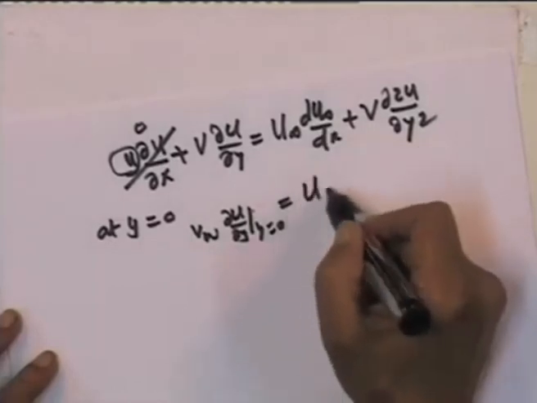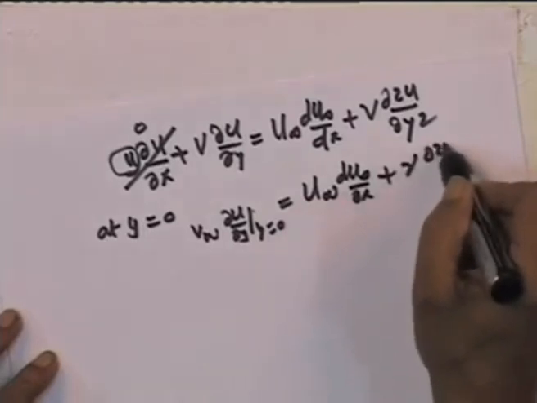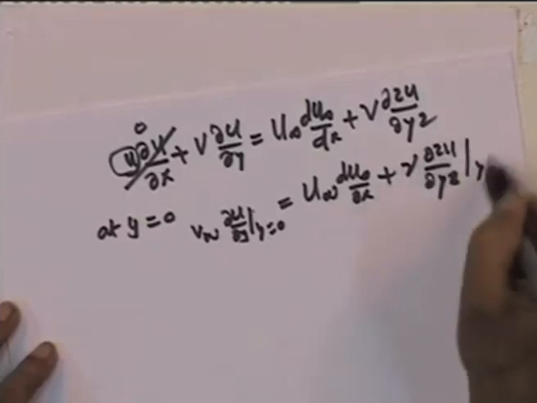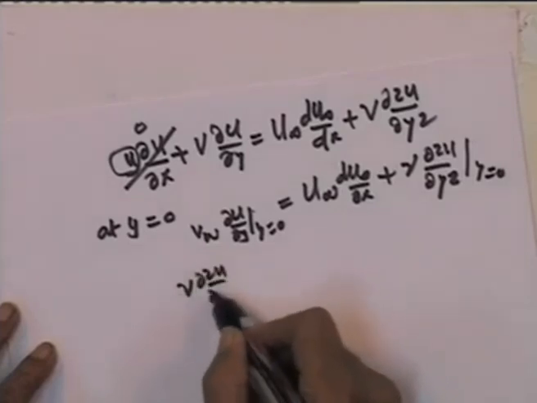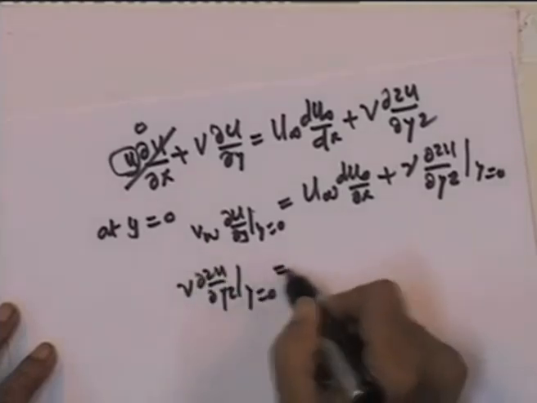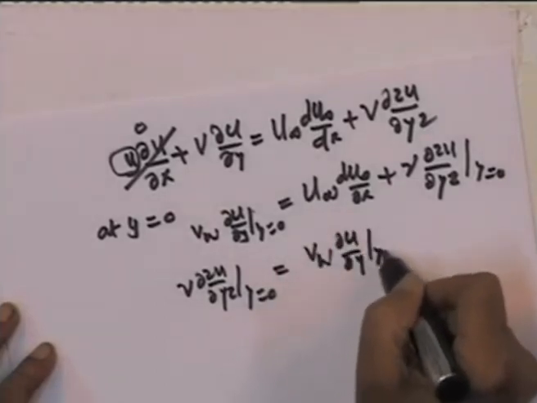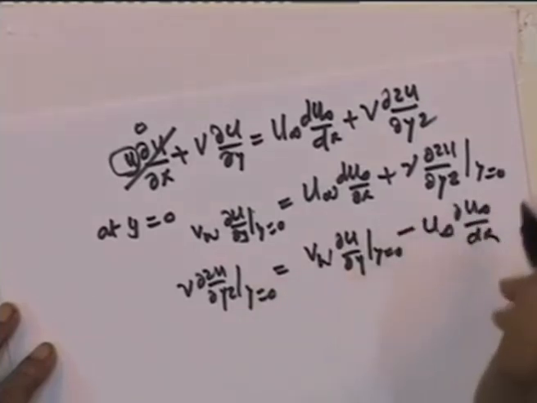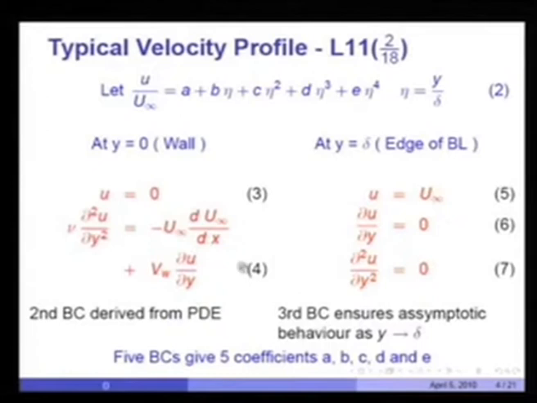This term of course will survive: u infinity du infinity by dx plus nu d2u by dy square at y equal to 0. So, I use this as a boundary condition to say that nu d2u by dy square at y equal to 0 is equal to v w du by dy at y equal to 0 minus u infinity du infinity by dx. And that is what I have written here as boundary condition 4, which is the second boundary condition at the wall.